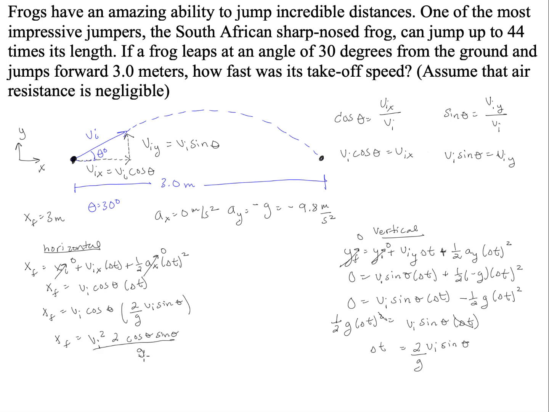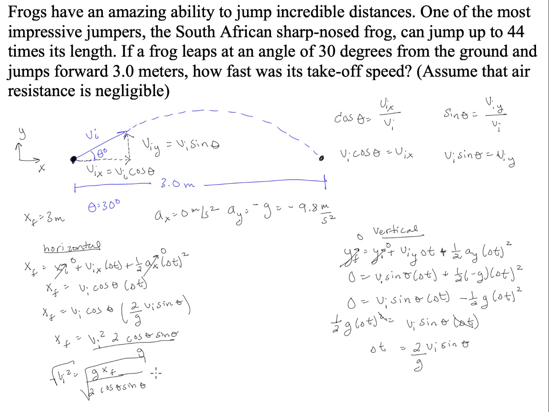And of course, what I'm actually looking for is this v initial. So I'm going to basically multiply by g and divide by 2 cosine theta sine theta, and I get v initial squared equals g x final divided by 2 cosine theta sine theta. And that is my symbolic answer if I take the square root there.